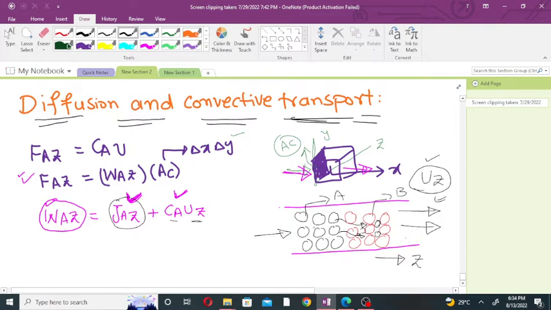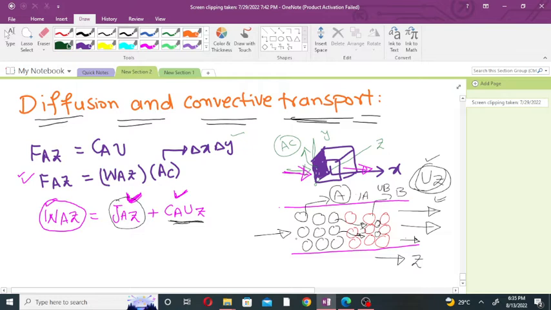So this will be the flux of component A due to bulk flow of components A and B. If A and B are combined together and flowing inside the pipe or system in the z direction, then there will be the velocity of component A, which is U_A, there will be the velocity of component B, and there will be the combined velocity, which is U_z.